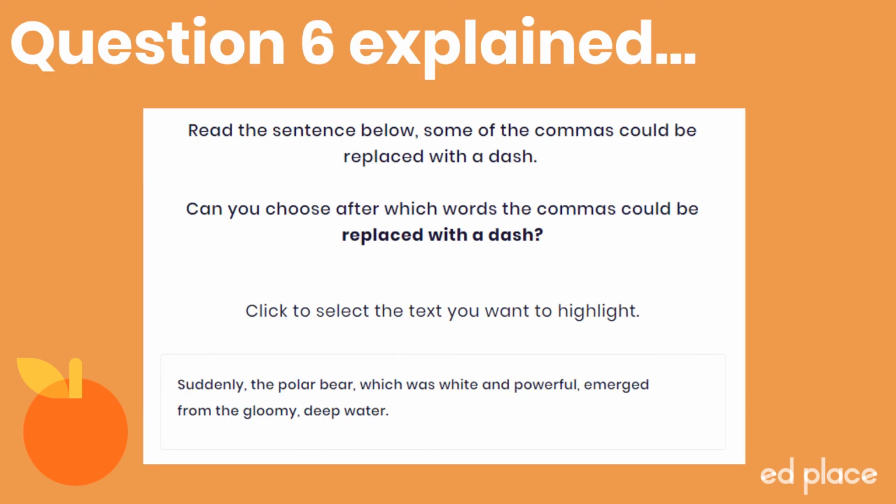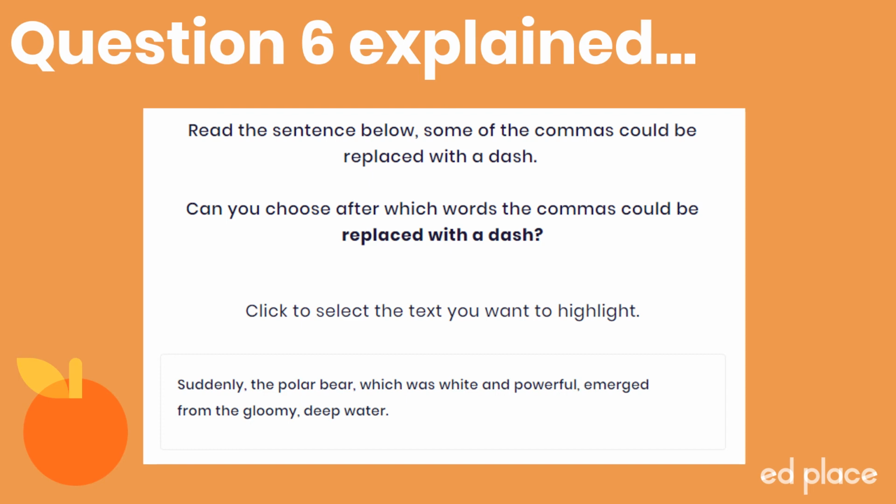For question 6, you need to choose which commas could be replaced by dashes. I need to look for the added information again. Here, the extra information is a relative clause about the polar bear, which was white and powerful. If I take the parenthesis away, it still makes sense. Suddenly, the polar bear emerged from the gloomy deep water.